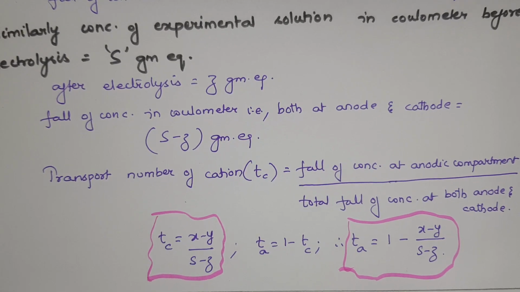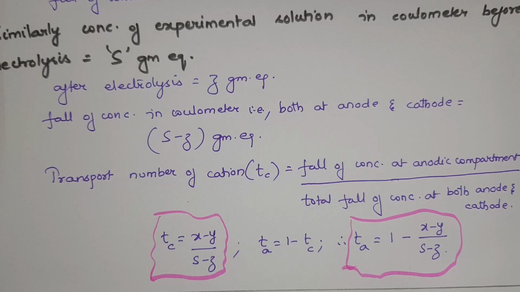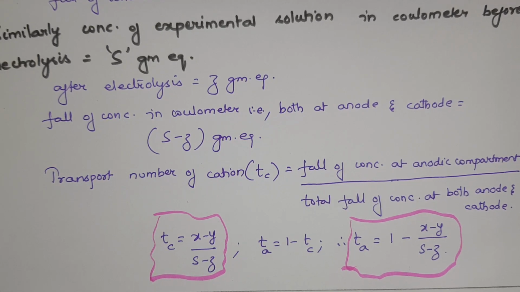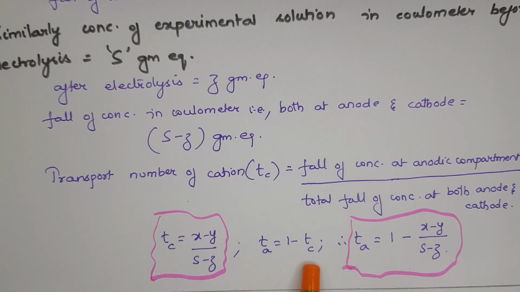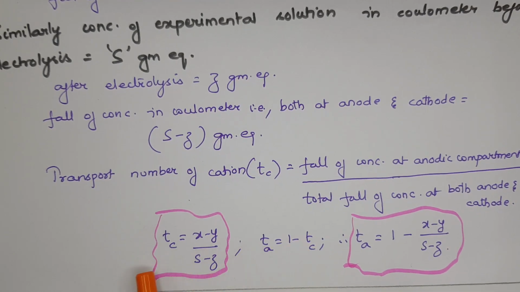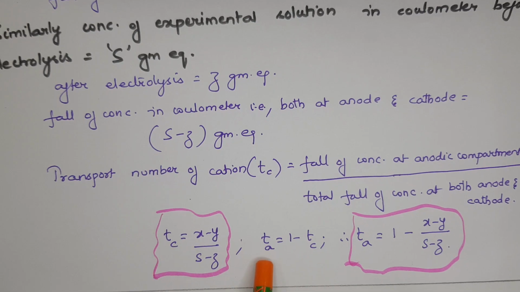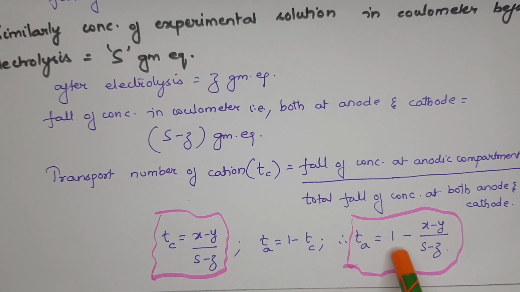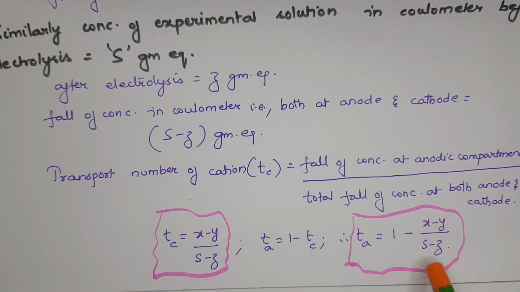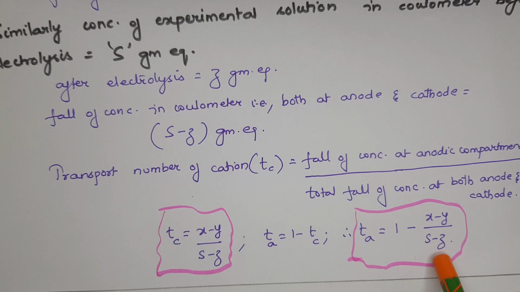Now from Tc we can calculate Ta easily, because Tc plus Ta is equal to 1. So Ta will be equal to 1 minus Tc, students. We already know Tc. So from this Tc value we can calculate Ta. Therefore Ta is equal to 1 minus X minus Y by S minus Z, students.